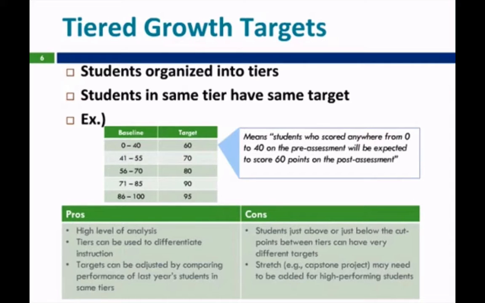In this example, a student who scores between a 0 and a 40 on the pre-assessment would be expected to score a 60 on the post-assessment. And that's a range of scores. So I could score a 40 on the pre-assessment and my target is still a 60.